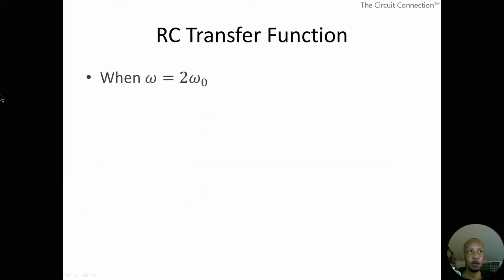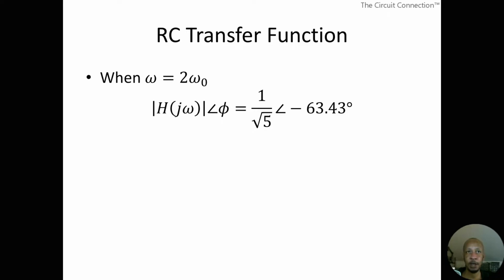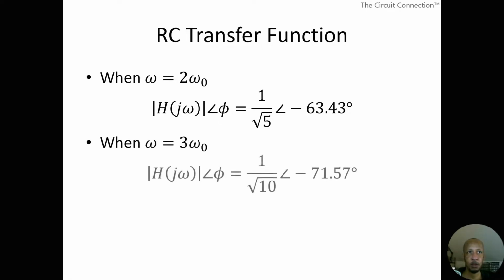Next, when W equals 2W0, you have 1 over the square root of 5 at an angle of negative 63.43 degrees. When W equals 3W0, you have 1 over the square root of 10 at an angle of negative 71.57.